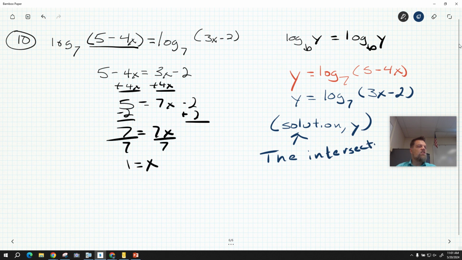So when I graph these two graphs, where they intersect, the x value is the solution. So if you totally screw up the properties of logs, don't panic. You can still find the answer.